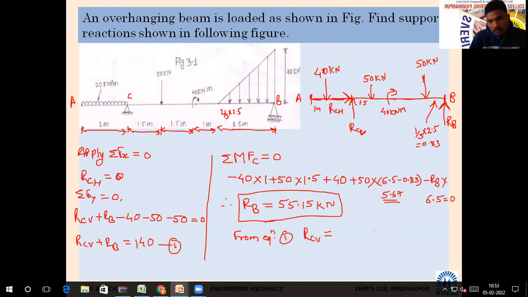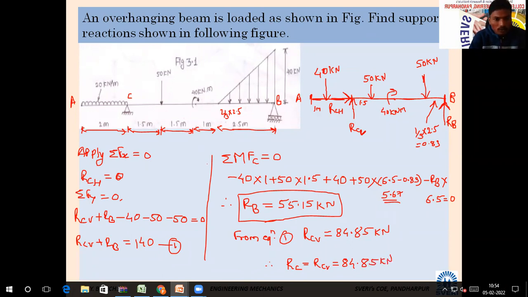How much is it? 84.85. Okay, then what will be R? Because one of the components of that force is 0, so what will be RC? RC is equal to RCV, equal to 84.85 kilonewton.